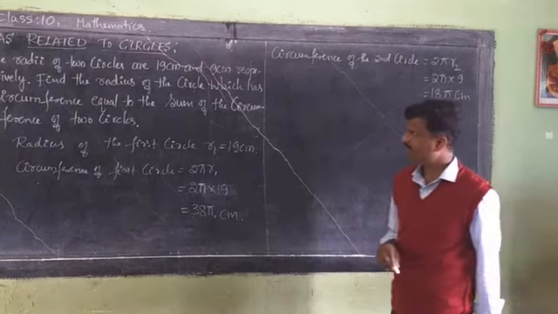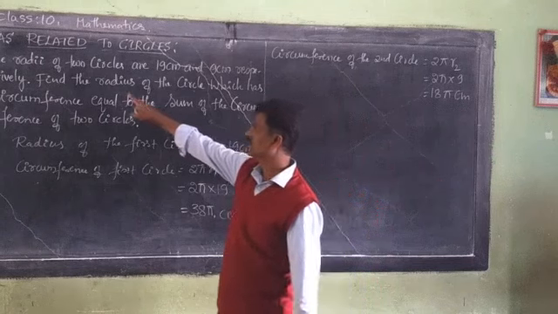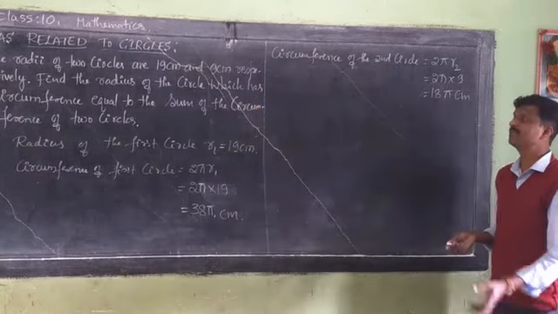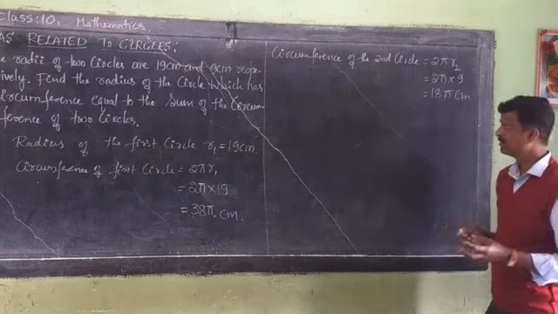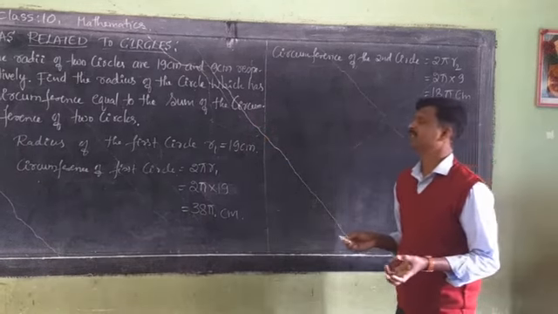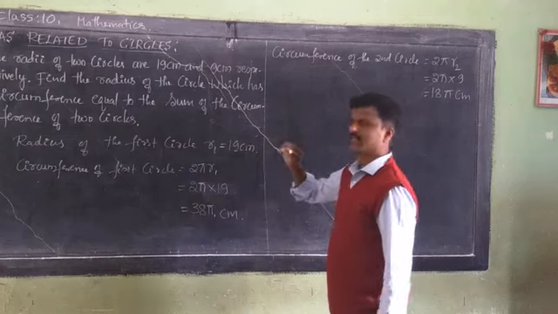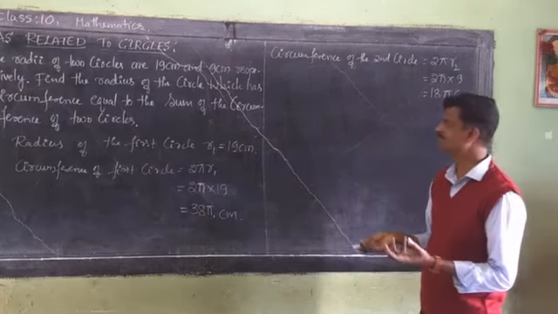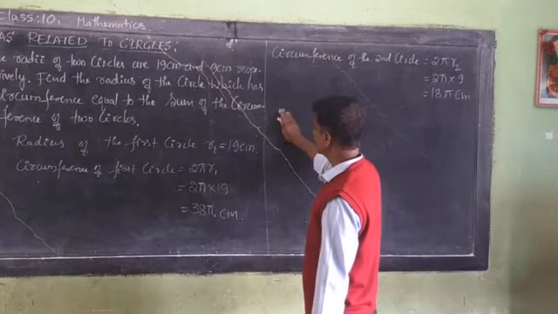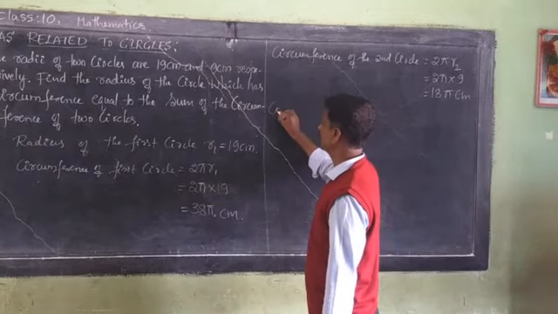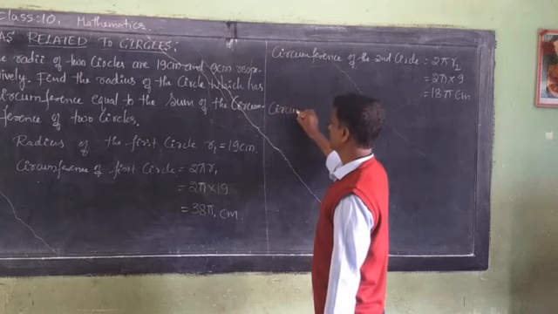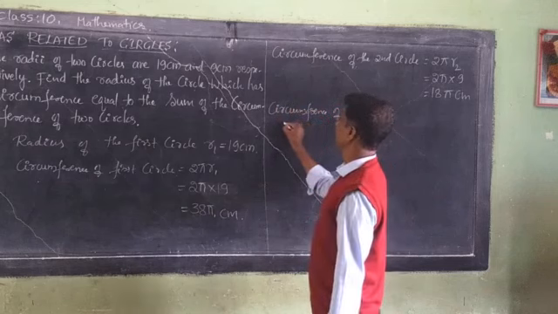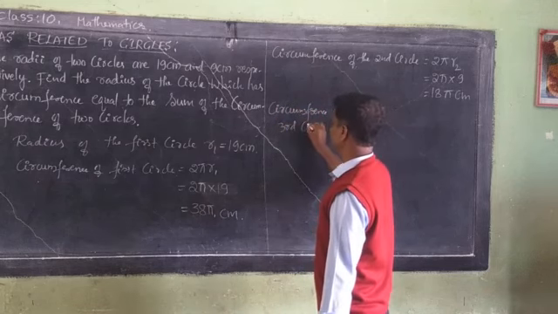So we have to find the radius of the circle which has circumference equal to the sum of the circumferences. Therefore, we have to find the radius of the third circle. That means we have to consider the circumference of the third circle.